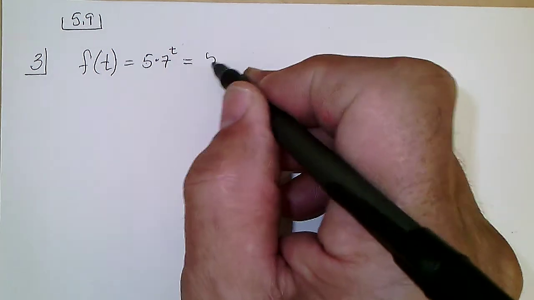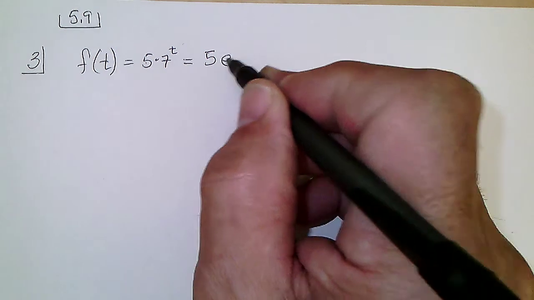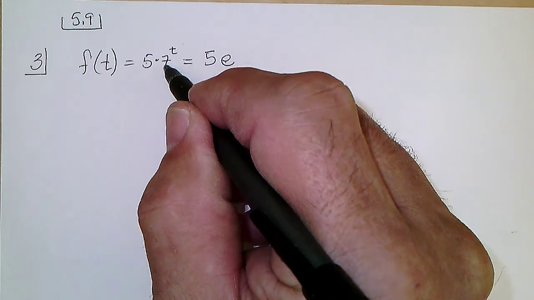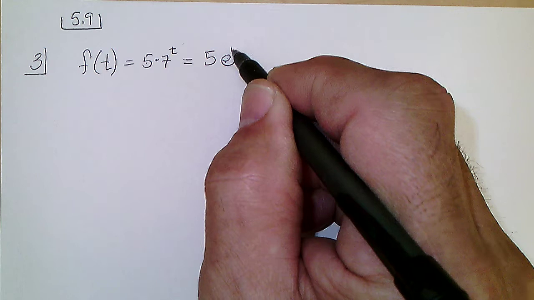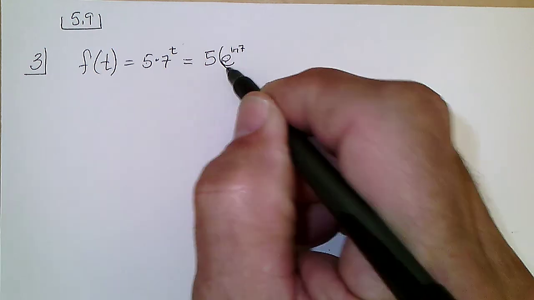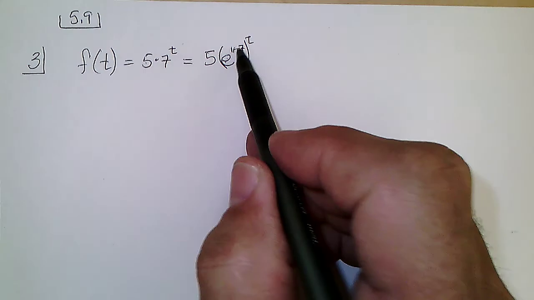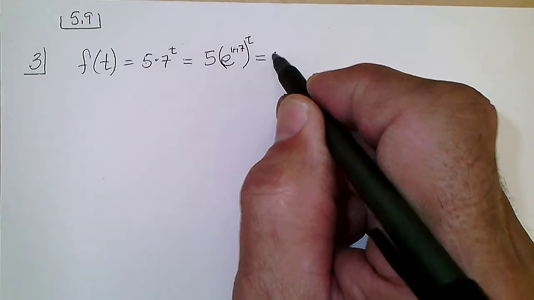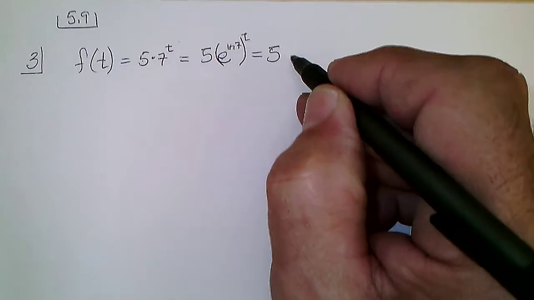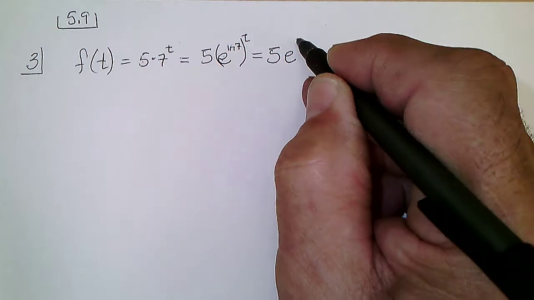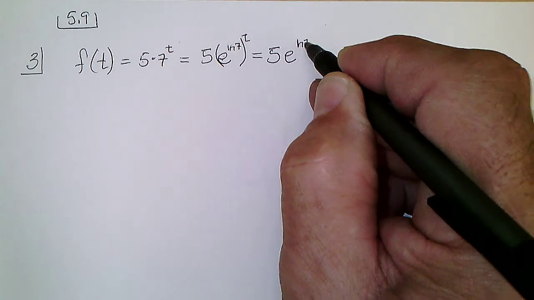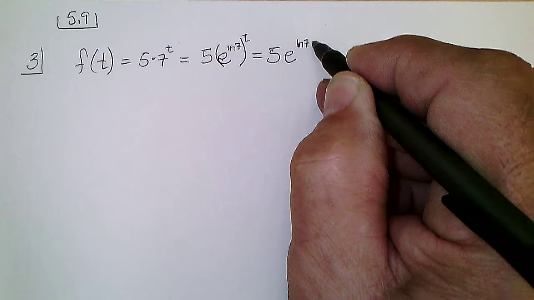Well, 5 times... what would be another name for 7? That would be e to the ln 7, to the t, and so that's just a number, so it'd be 5 e to the ln of 7 times t.